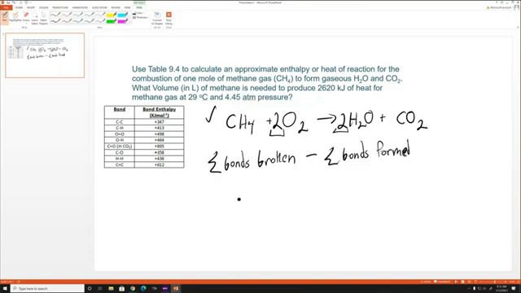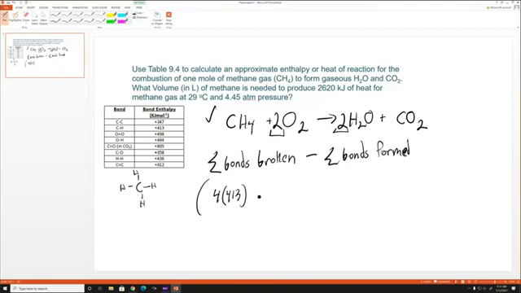So for CH4, we're going to have 4 CH bonds, right? Because methane is just a tetrahedral of 4 bonded carbon with 4 hydrogens. So we're going to do 4 times, and we put everything in parentheses, 4 times our CH bond, which is 413.